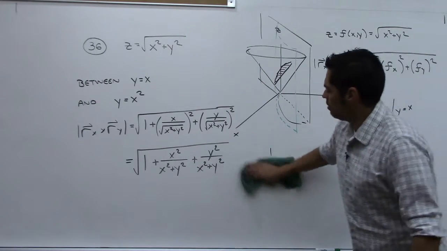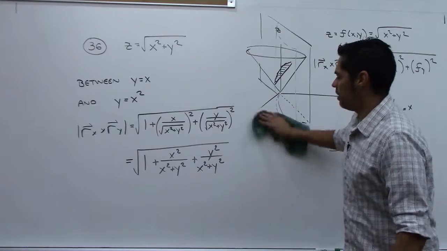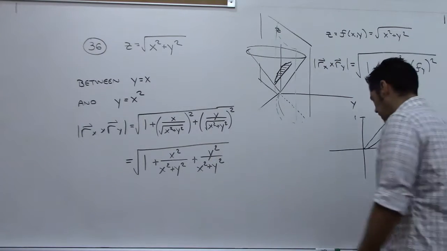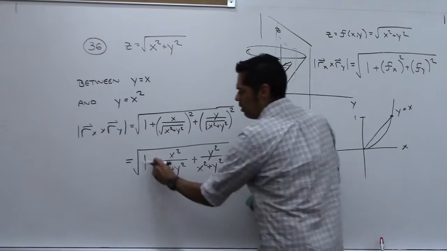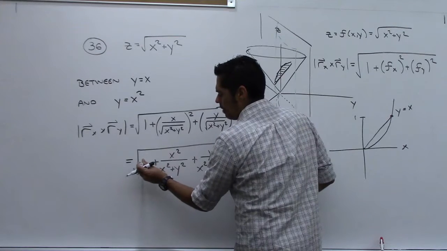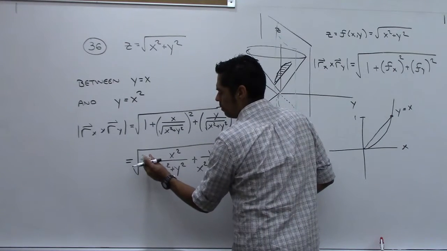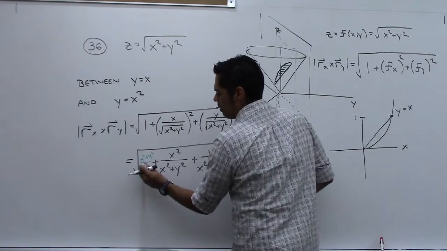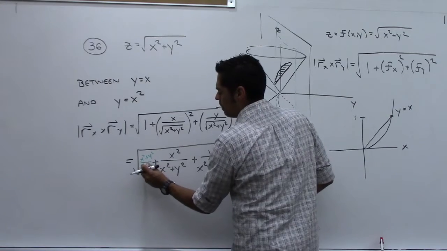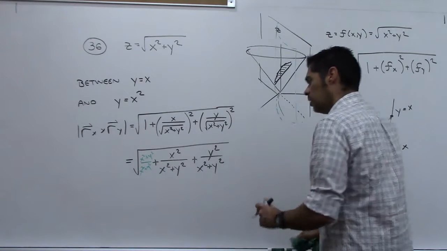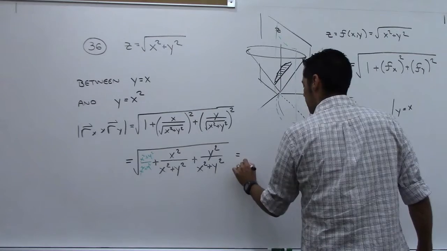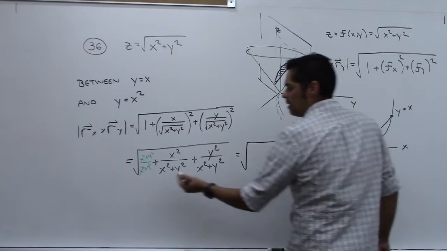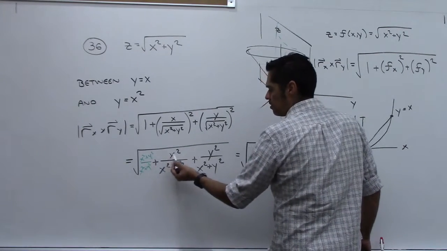And now what I'll do is I'll maybe get a common denominator. So I'll just rewrite this 1 over here as x squared plus y squared over x squared plus y squared, like that. Which now gives me the square root of, let's see, x squared plus y squared plus x squared plus y squared.